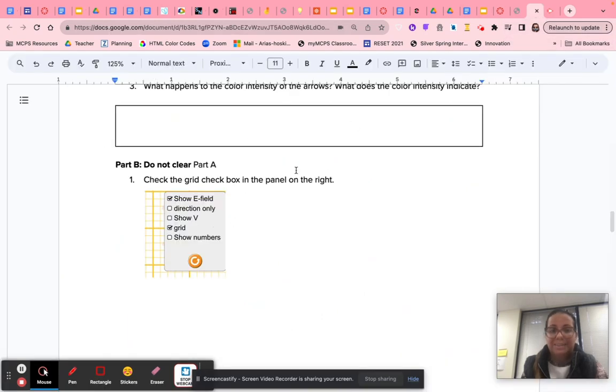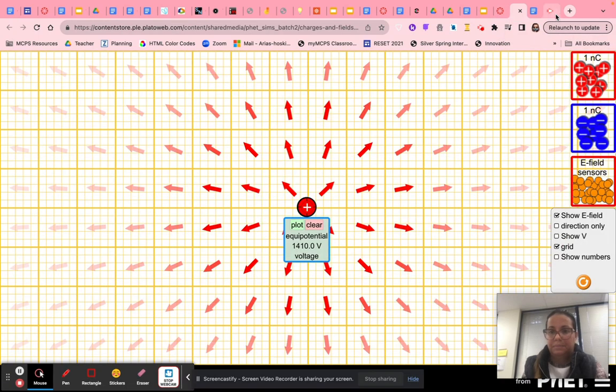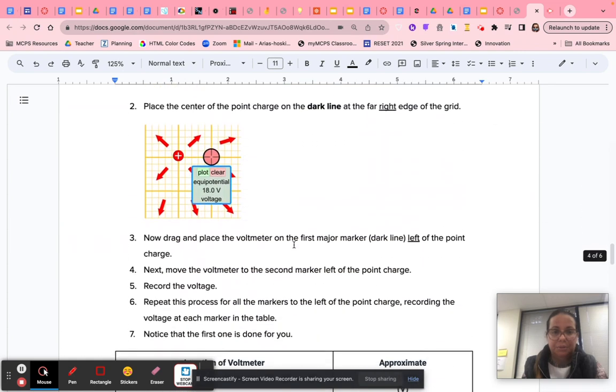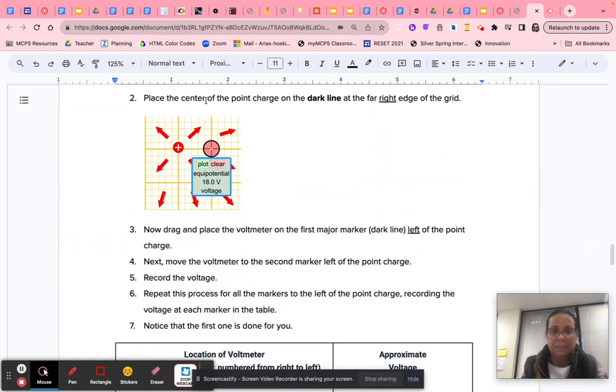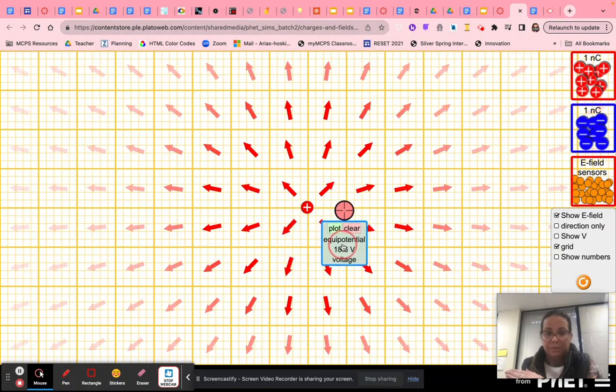You're going to click where it says grid, okay? And then you're going to place the center of the point charge on the dark line at the far right edge of the grid. So I'm going to go here and move this to the far right edge next to it.